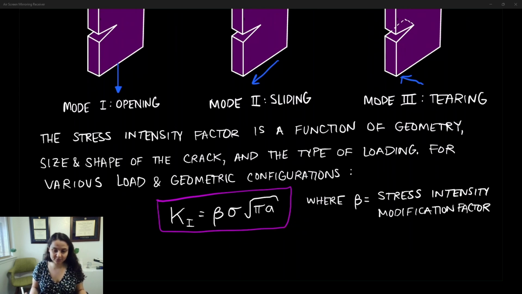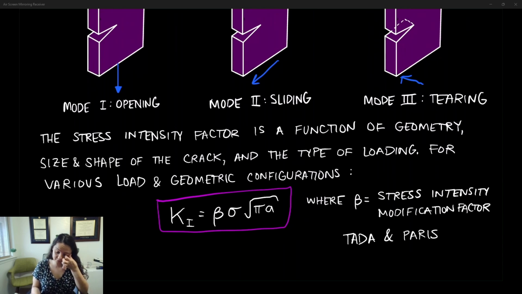And there are many different configurations that very intelligent people have worked out. Very good researchers have worked out, and some of those can be found in your textbook, and then there are more in the literature. If you want a really good reference, you can look at the text by Tada and Paris.